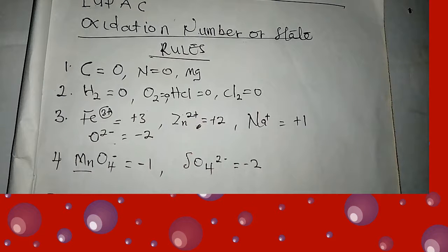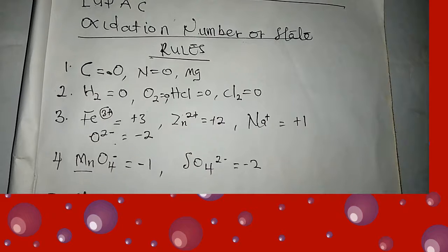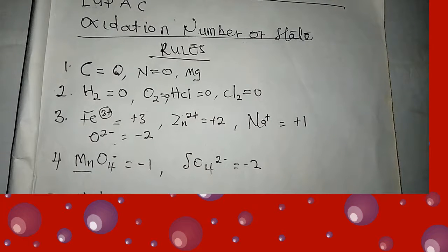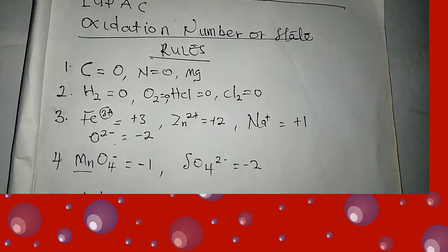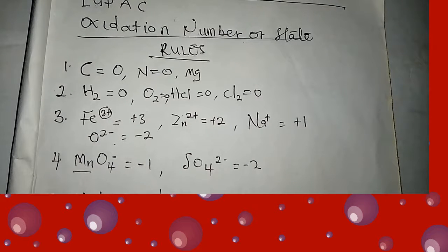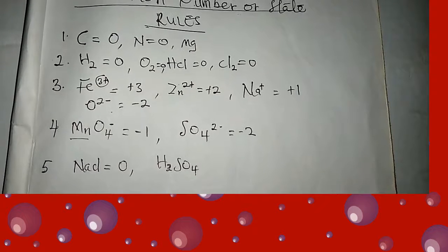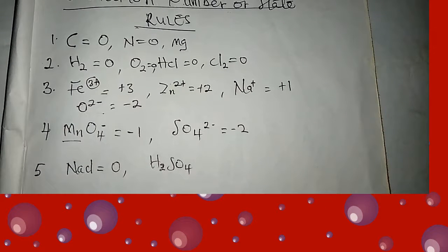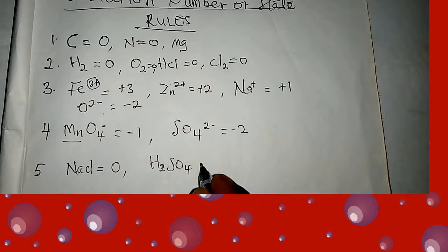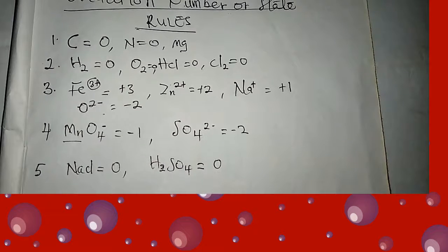Rule 5 says that the sum of the oxidation states of all elements in a neutral compound is 0. When we talk about a neutral compound, sodium chloride is a neutral compound, so its oxidation state is equal to 0. When you have H2SO4, okay, H2SO4 is also a neutral compound, so its oxidation number is equal to 0.